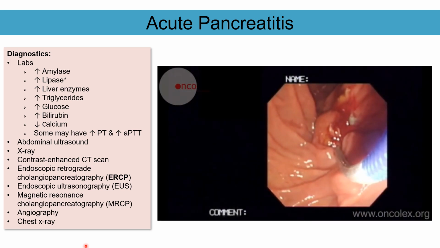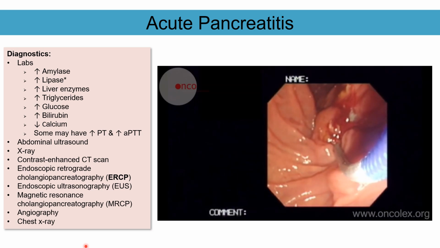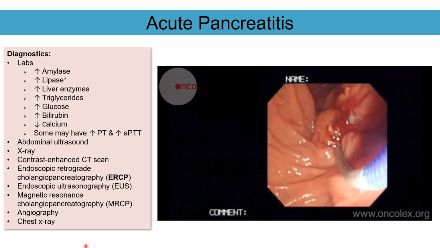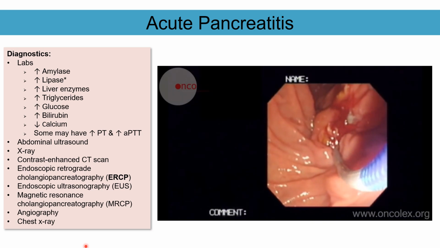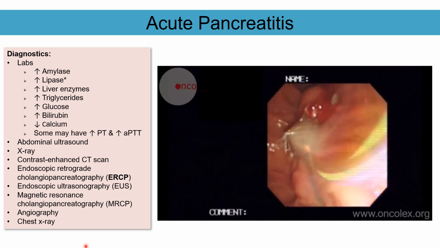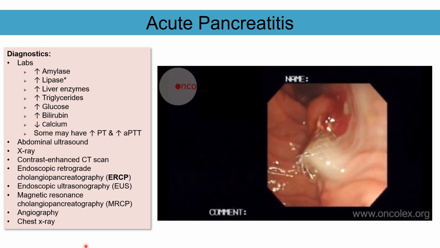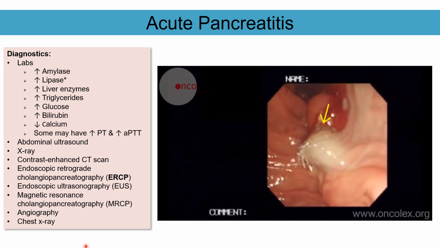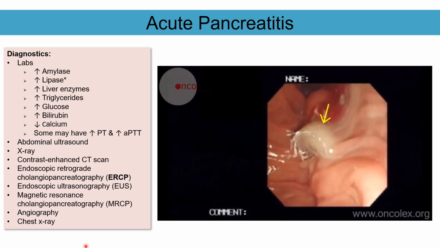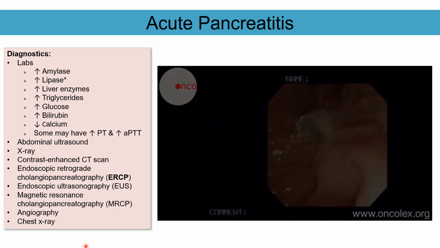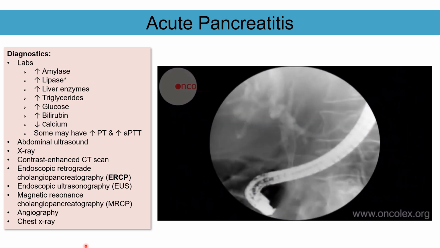In some cases, it may be necessary to place a stent in the duct to dilate narrow passages. Here we see the placement of a self-expanding metallic stent in the ampulla of Vater. After the placement, bile flows freely from the ampulla. Here, the stent is visible on an X-ray.